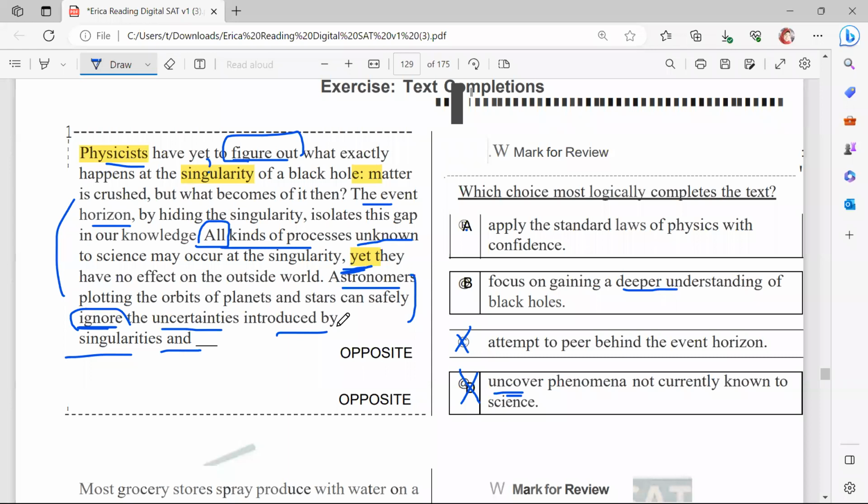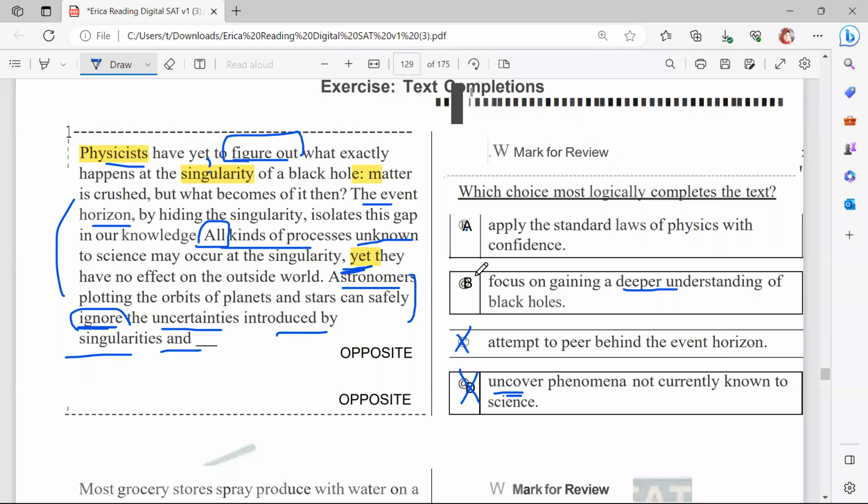We didn't talk about needing to gain deeper understanding of black holes. It's not the focus. It's about the singularity of a black hole and whatever we don't know about this phenomenon. And even if we don't know some aspects, we don't have to care. Astronomers need to ignore all these uncertainties.